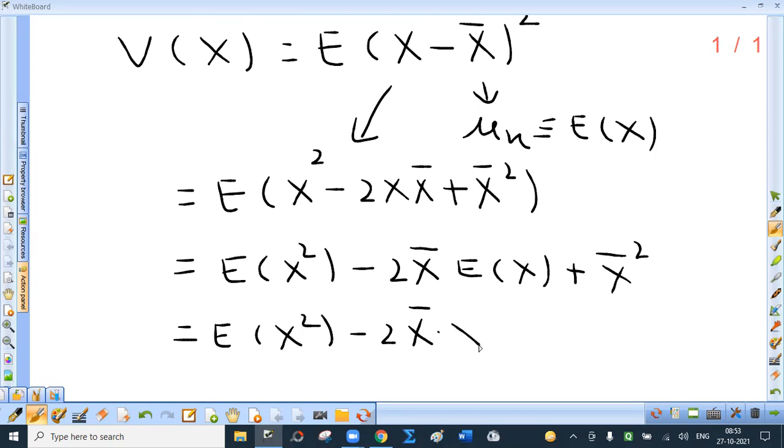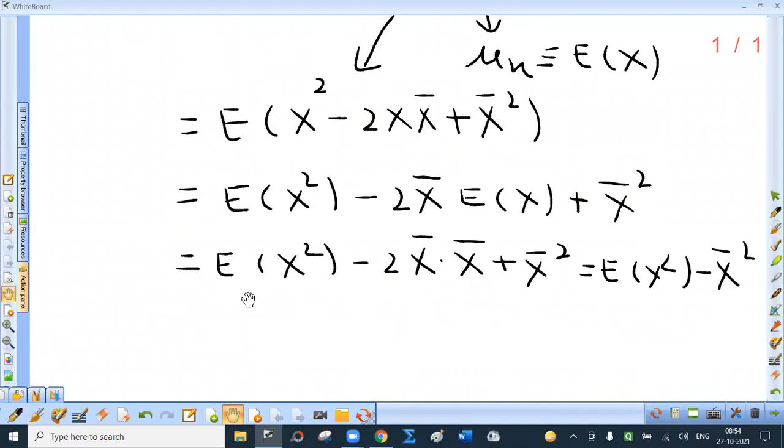What is E of x? It is nothing but x bar only. Expected value is nothing but arithmetic mean, plus x bar square as it is. So this is nothing but E of x square minus x bar square.